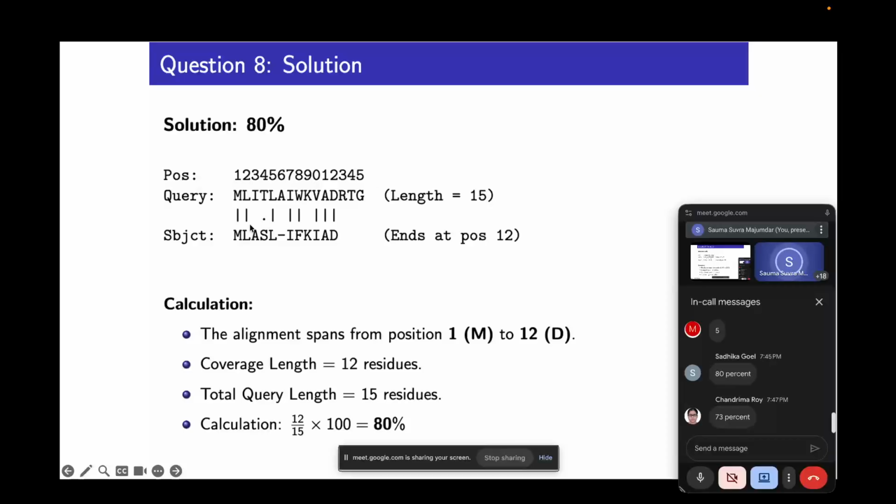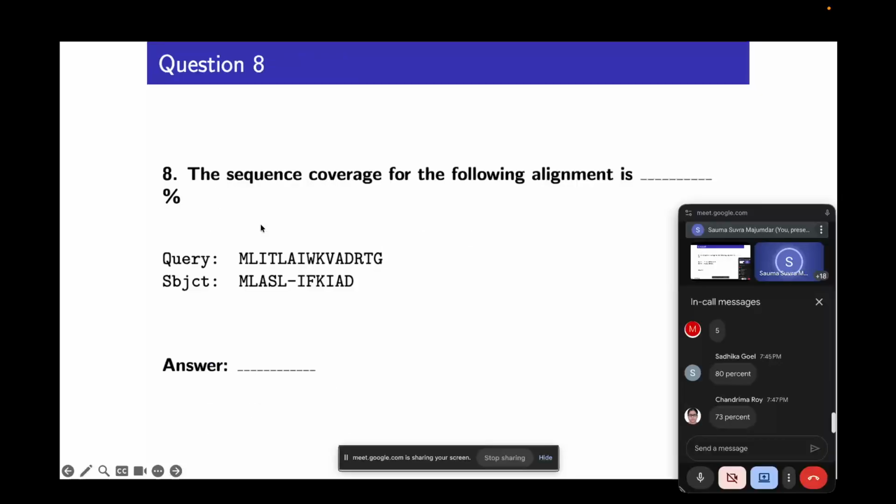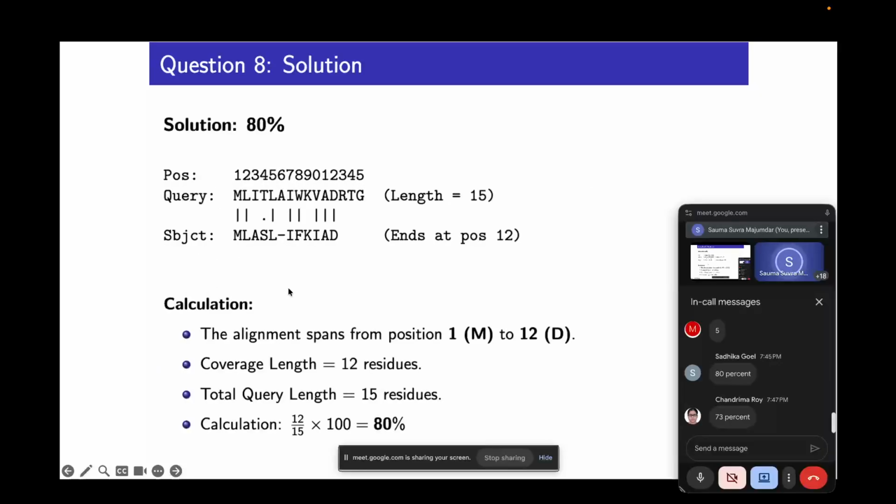But the idea is how much of sequence 2 is covered in sequence 1 after the alignment. They have given you the alignment, and it ends at this particular position, 12. So it calculates the 12 residues that are covered in the top sequence from the bottom sequence, not matching exactly, and the total number of residues is 15 for the query sequence.